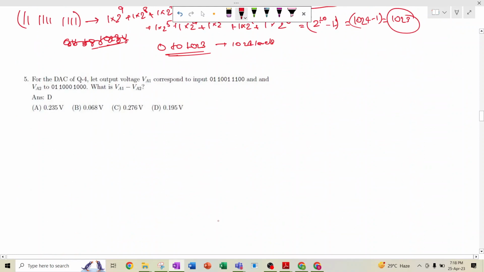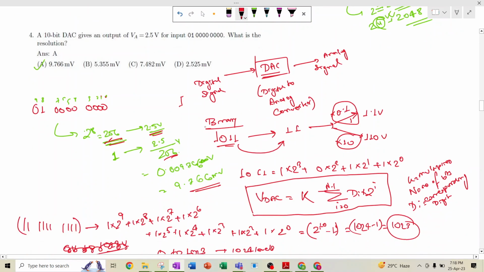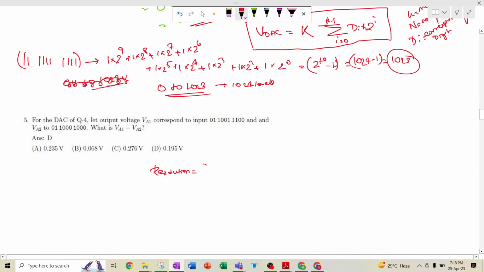The next question. For the DAC in question 4, let the output voltage VA1 correspond to this input and VA2 to this one. What is VA1 minus VA2? We know the resolution is 9.766 millivolt.